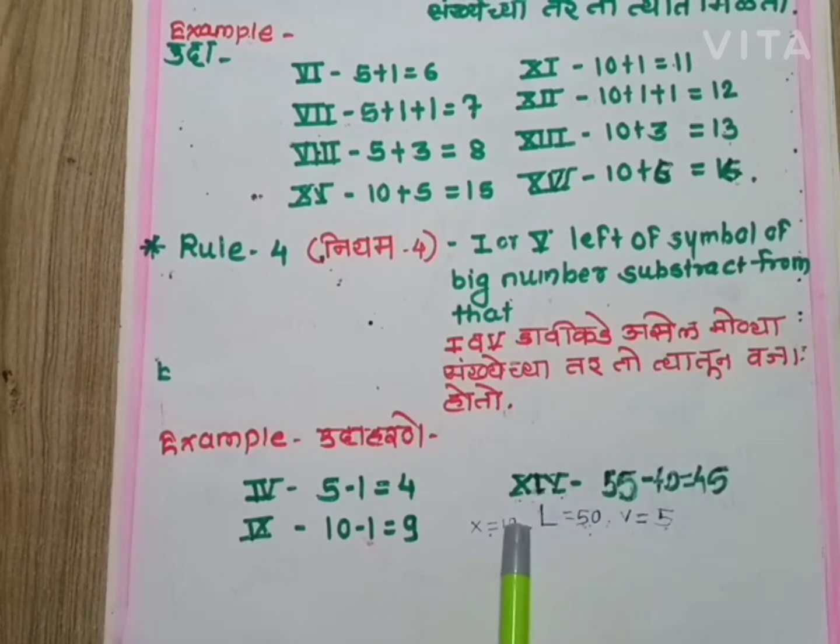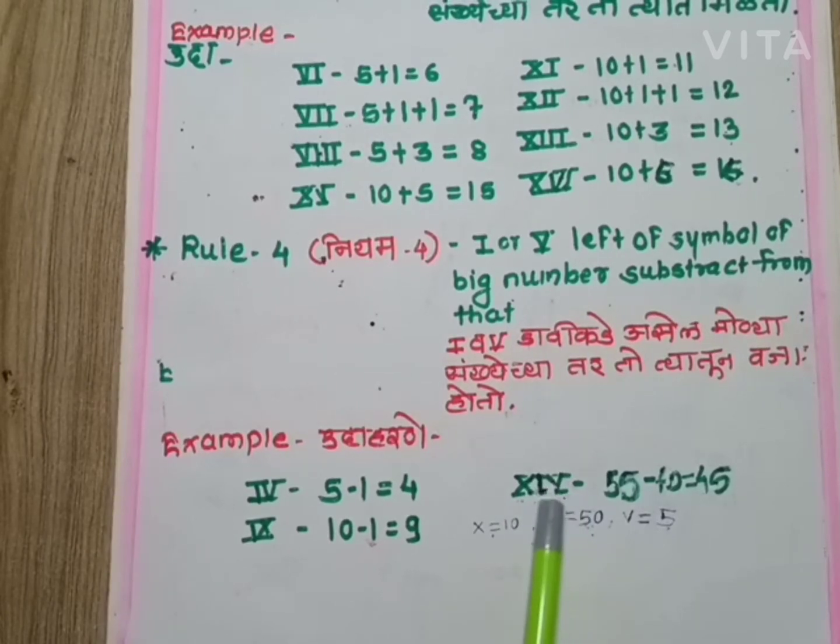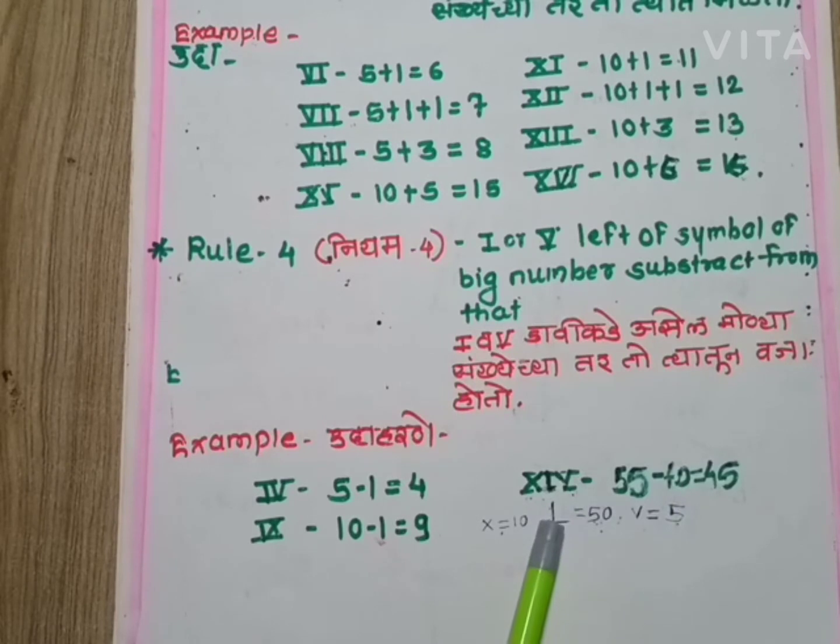Also, this works in the same sense. Here the symbol is XLV. Here L gives the value 50 from the chart we already discussed.